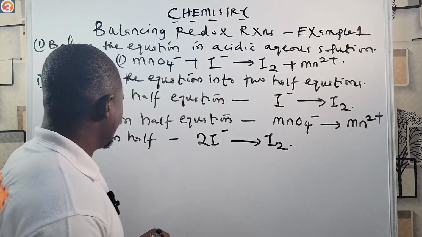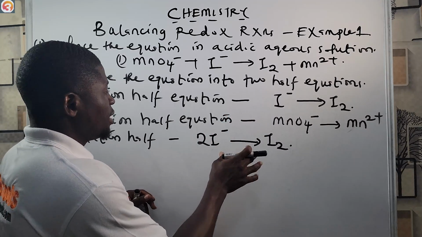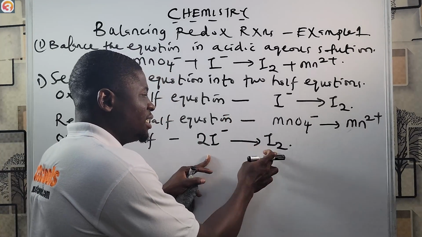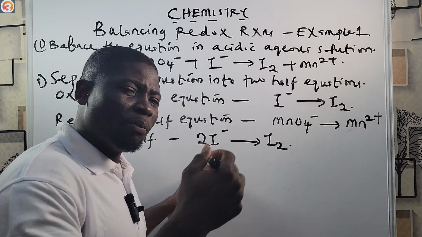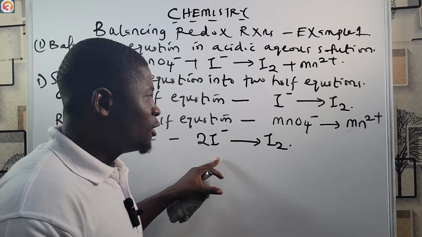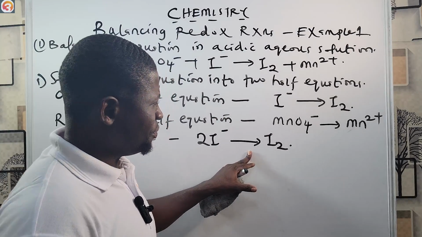Now the oxidation half is this, and the reduction half is this. In the oxidation half, is there anything like oxygen here? No. To balance oxygen, we add the appropriate number of water molecules.